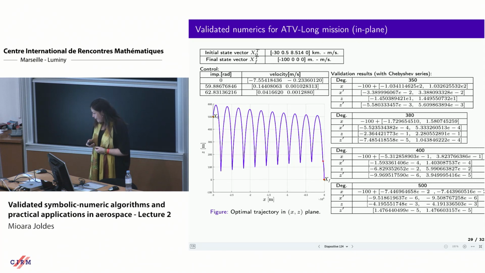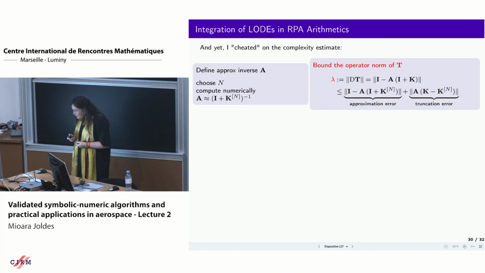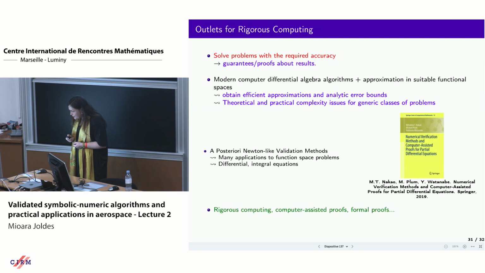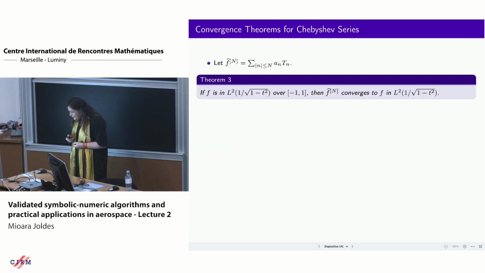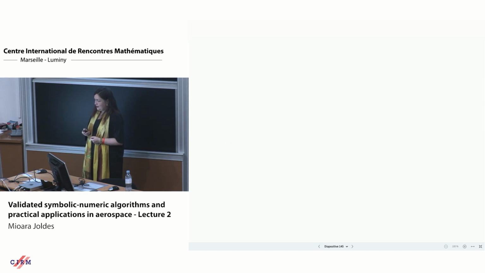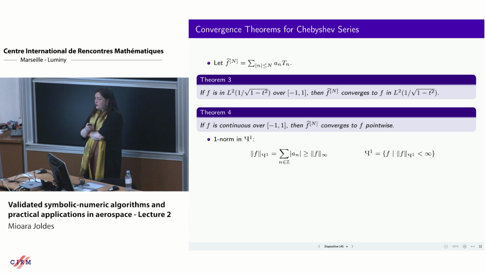So I think I have also a slide somewhere regarding the convergence. Just wait to see. Yeah. So as I said, for Lipschitz continuous functions we will have the worst convergence rates.